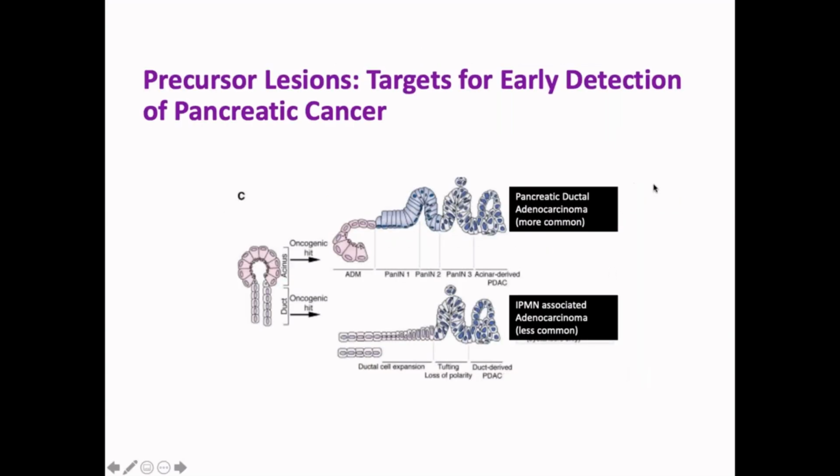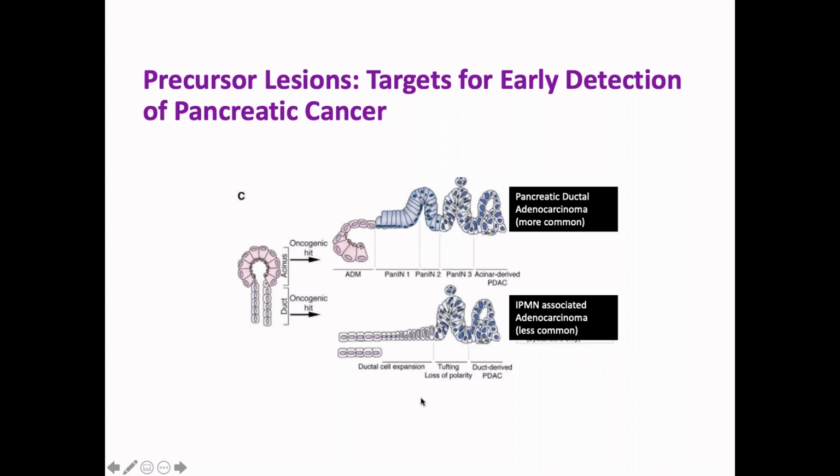The goal is to identify precursor lesions and targets for early detection. And the two paths in progression to pancreatic cancer that I want to highlight are related to the Panin pathway, where we progressively go through the Panin path to pancreatic ductal adenocarcinoma, which is common.